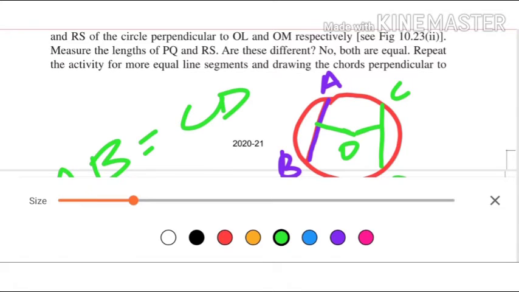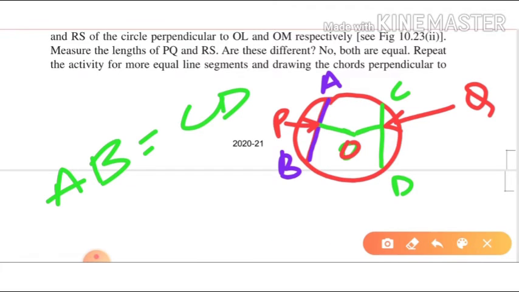If you take this point as P, and this point as Q, then we can write OP is equal to OQ. That means they are equidistant from the center of the circle.